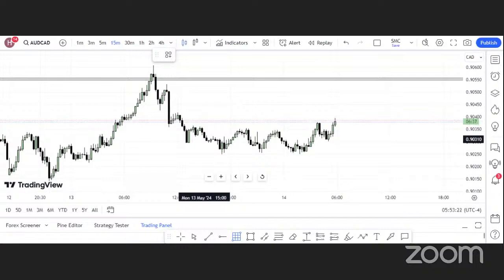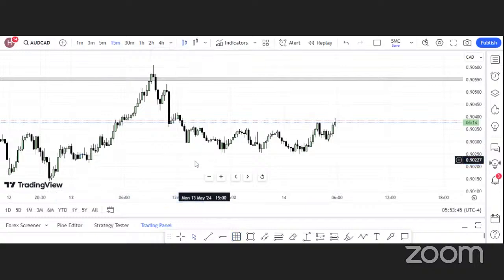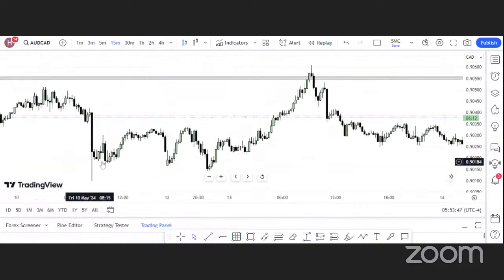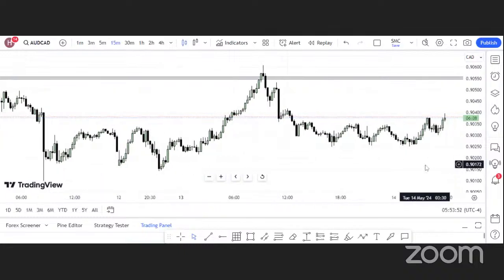If you are looking for a resistance zone, look for areas where the market has rejected above. When the market gets back into such a zone, the market would sell. That is for a resistance zone. For your support zone, you want to look for levels where the market has bounced from. From this level, as you can see, the market bounced from here, here, and here. Which means this level is a support level.